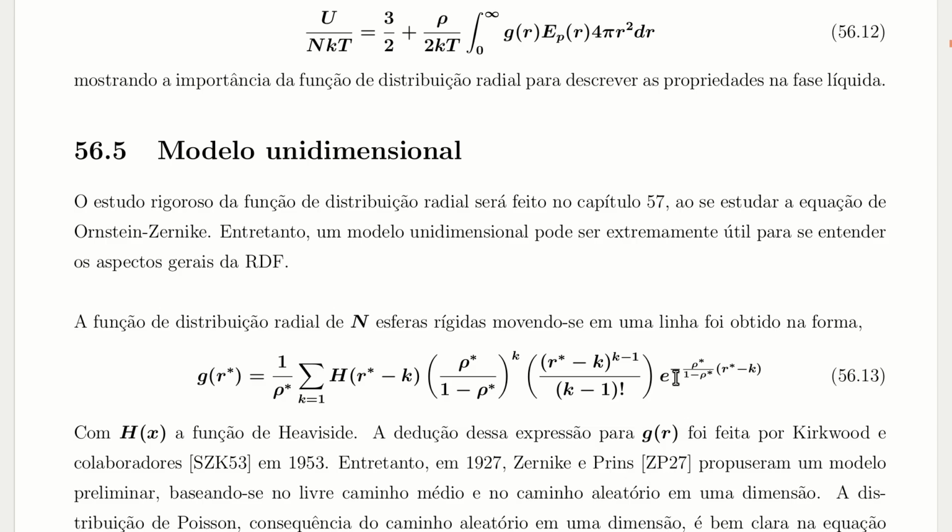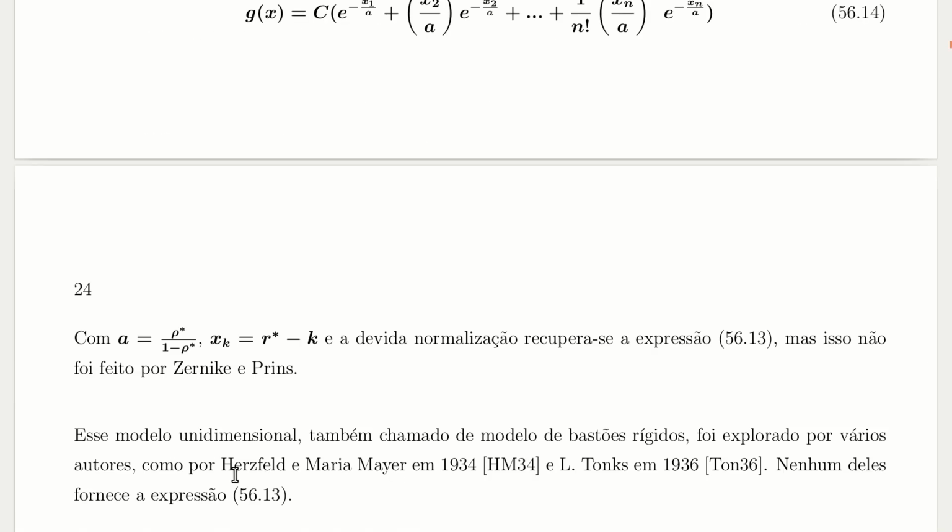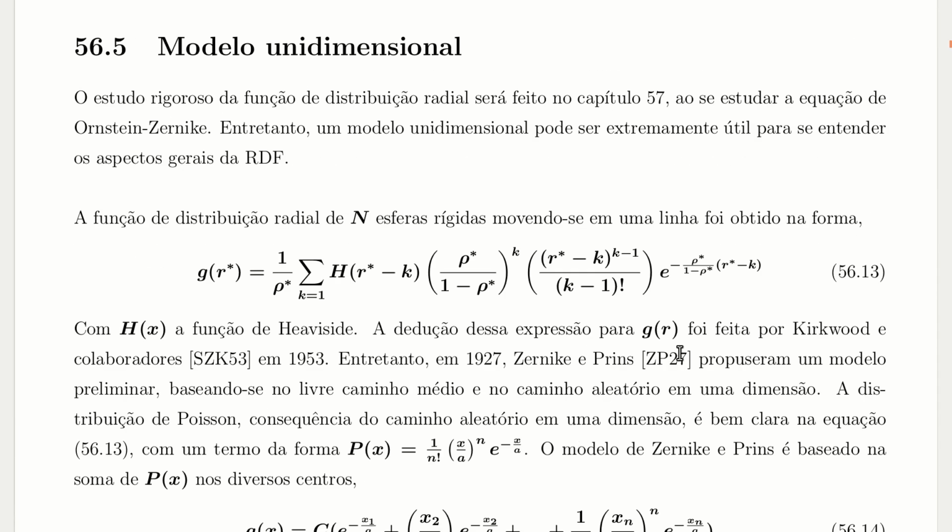They obtained an equation that was later modified by Kirkwood and collaborators, and a lot of people worked with this model: Hirschfeld and Maria Mayer, and also Tonks in '34, '36, but this final expression is due to Kirkwood. Sometimes it's called the Tonks model as well.